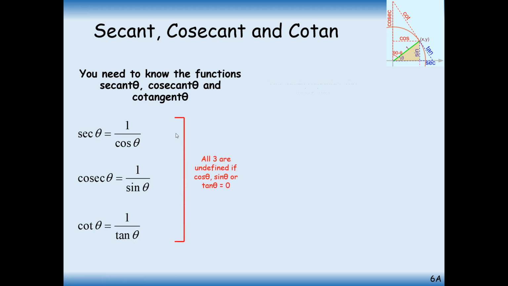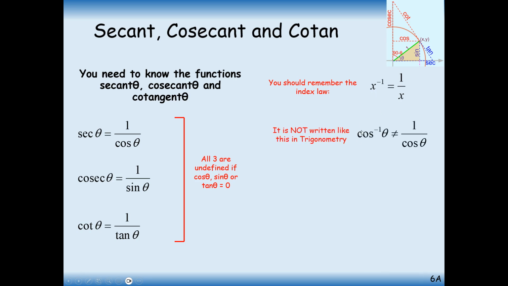But for now, just to point out a few mistakes that some people may make, I briefly said inverse cos, and that's not the right word to use. We know when we put a negative power of -1 on top of anything, that means 1 over it. But here in trigonometry, on your calculator, you'll find a button that has cos of -1 on top of it. That is not 1 over cos. That is the inverse of the function cos.